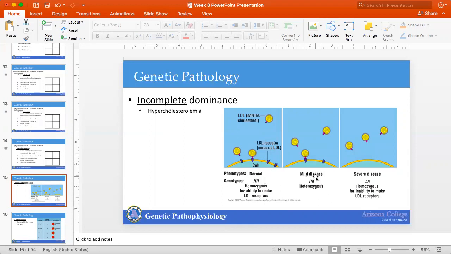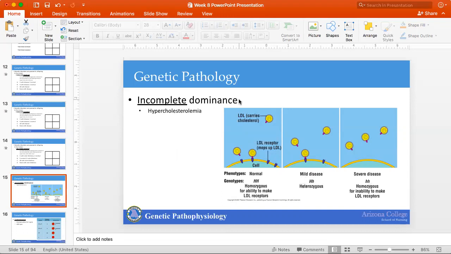A mild disease, you would sort of have a mix between a normal allele and then you can see the recessive disease leading to this hypercholesterolemia. Now, since they have one normal allele, they function better than someone who has both, but they do show signs of the disease or of the specific pathology.